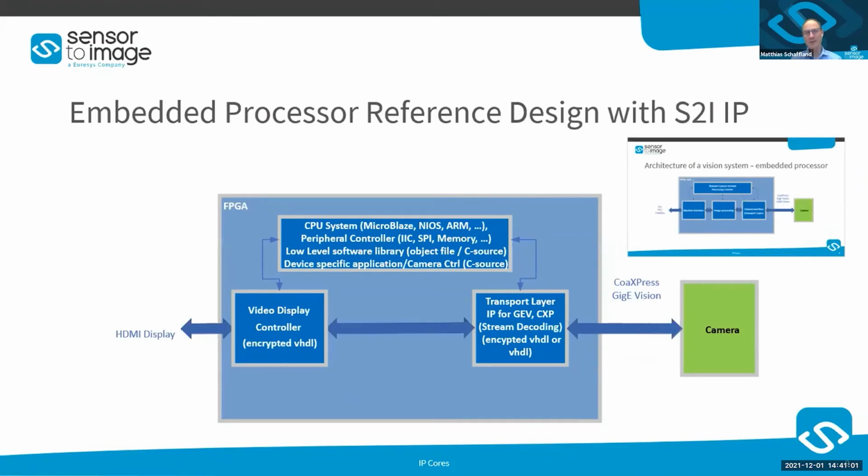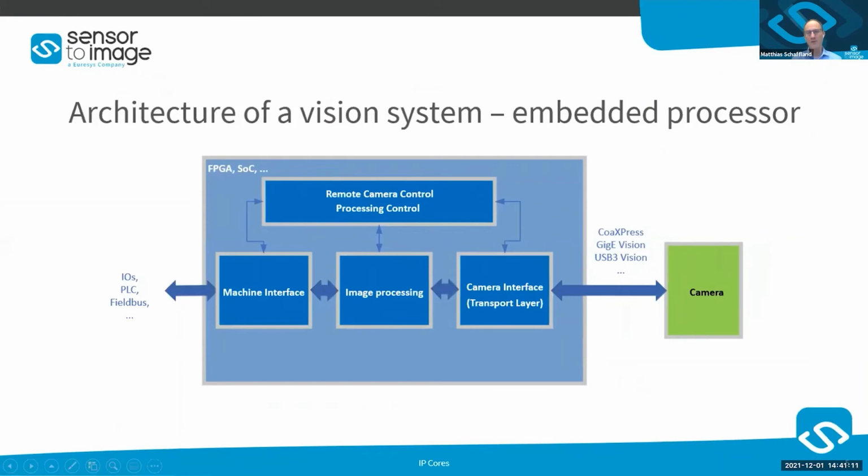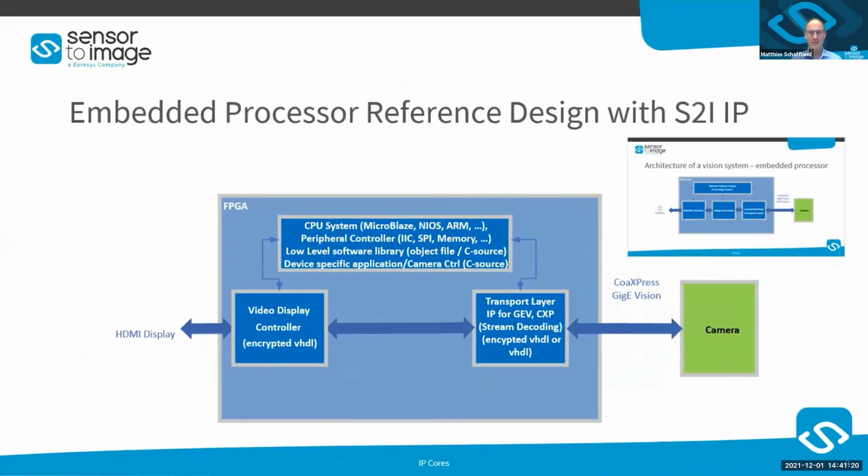An embedded processor system with the S2I IP looks not so different. Going back to the general overview, we have an external camera, then the camera interface, and image processing and output. In a reference design, it's even simpler. We have our external camera, which is connected by CoaXPress or GigE Vision or something like that. Then we have our transport layer IP, and the main part here is to decode the stream coming from the camera.